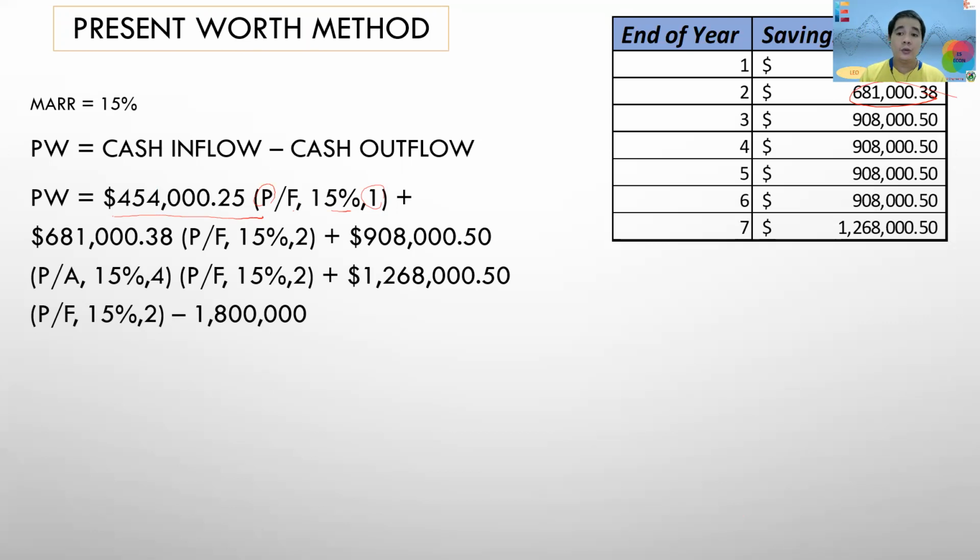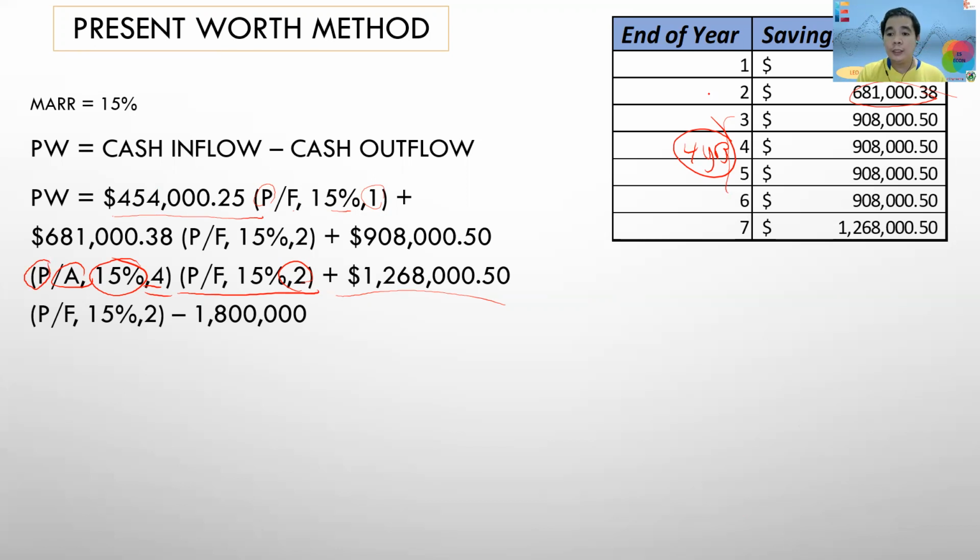Succeedingly, your 908,000 starts on year 3, and this is an annuity, and this is your year 7. So you have an annuity of 4 years. This is an annuity of 4 years at 15%, and then you get the present worth value of it at its second year, since the present worth value that you will be able to get here is at the end of year 2.